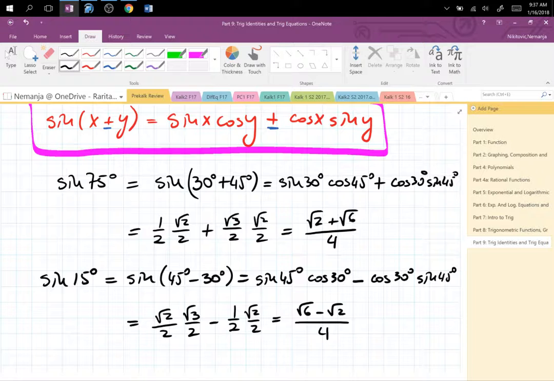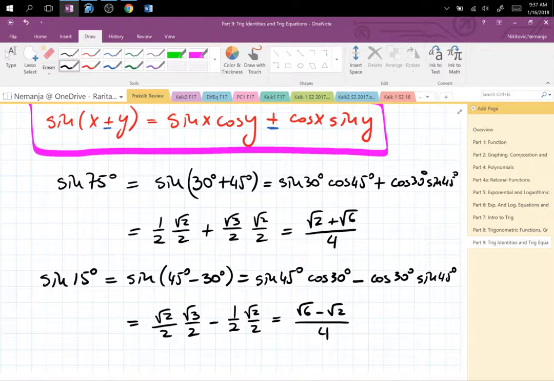So 60, let's say, plus 45, that's 105. So 105 is okay. You can figure out sine of 105 by simply writing sine of 60 plus 45, and then you go from there.